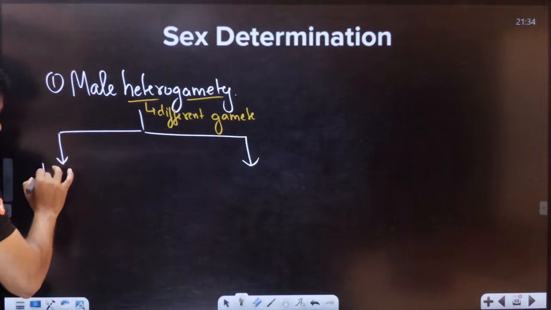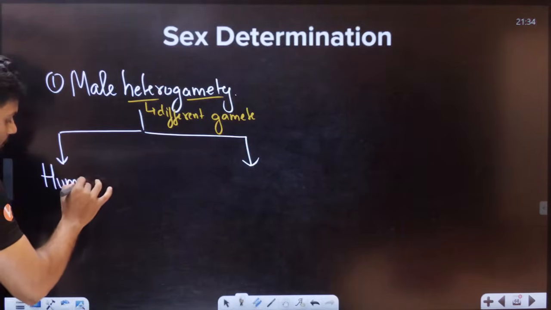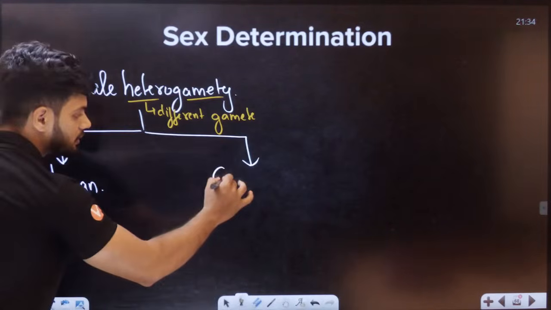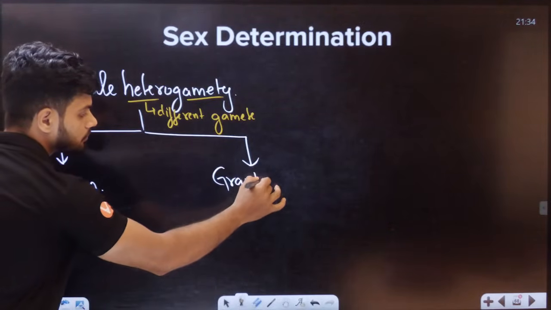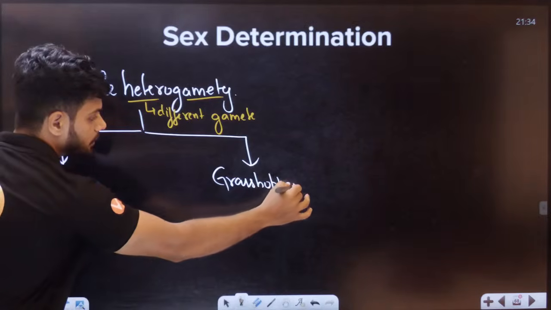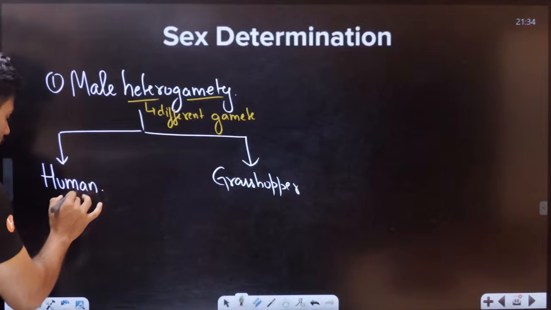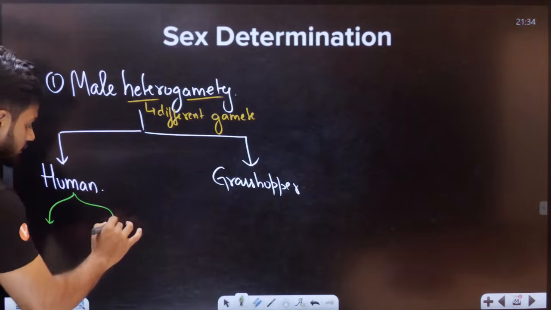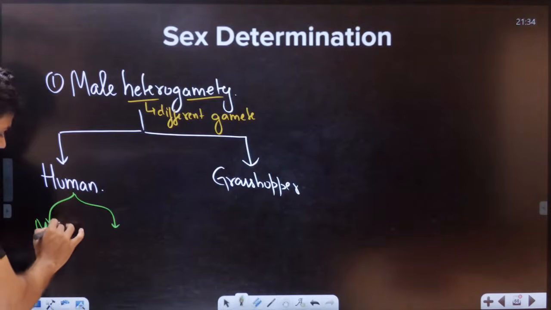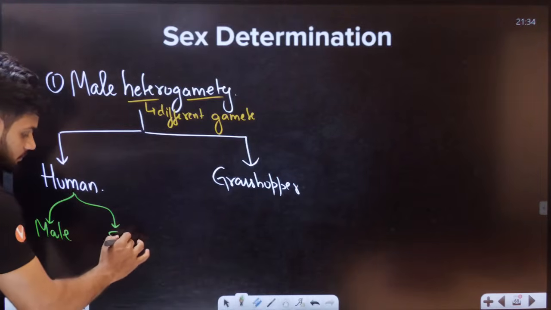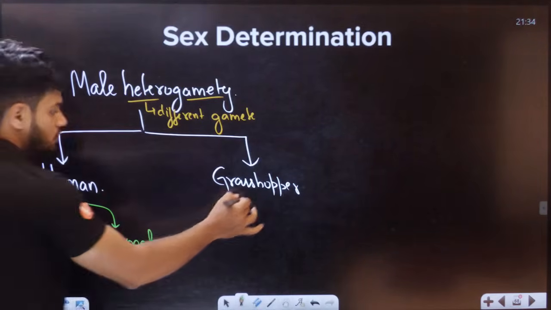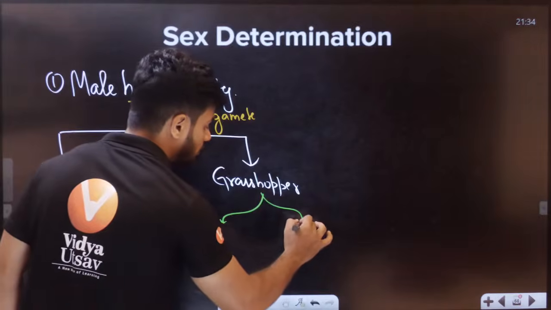The first example is in the case of human. The second example is in the case of grasshopper. In both of these examples, we have male and female.